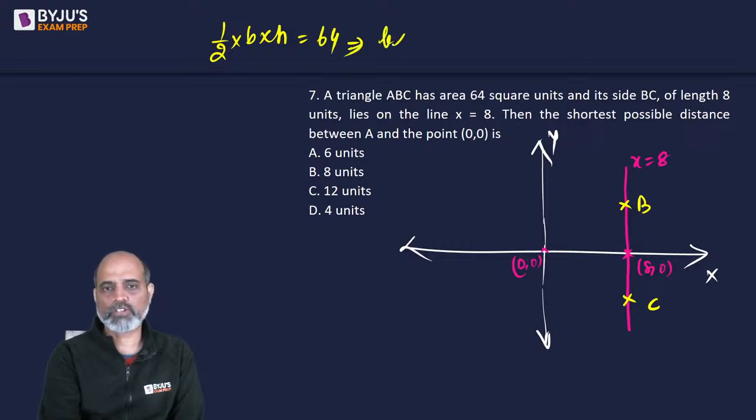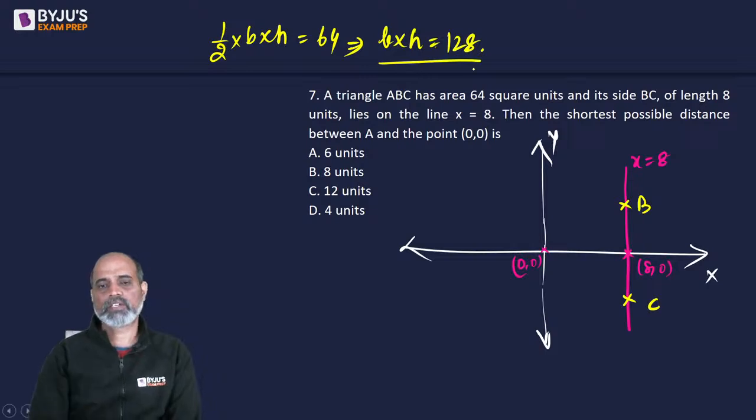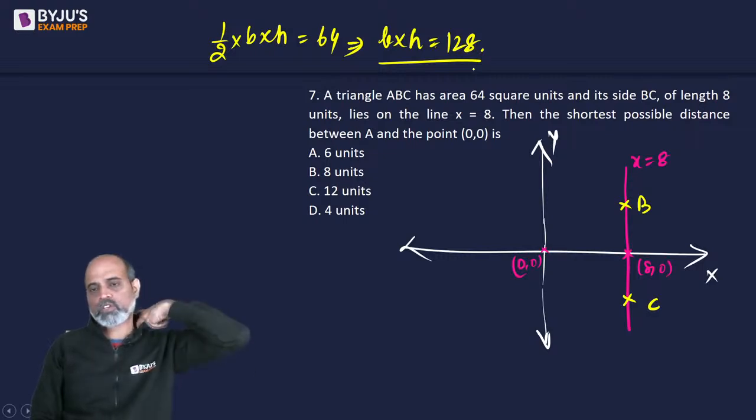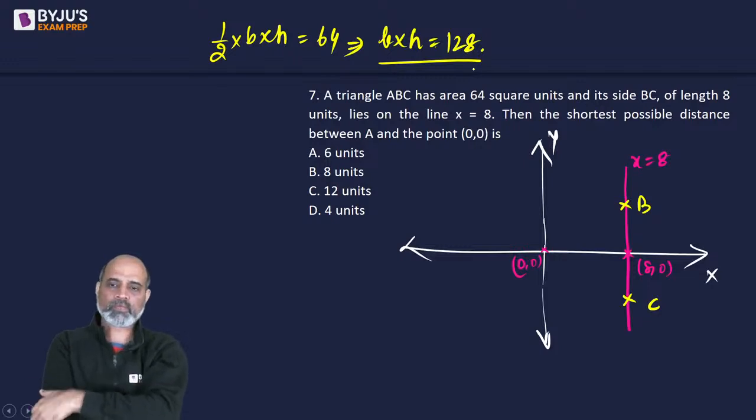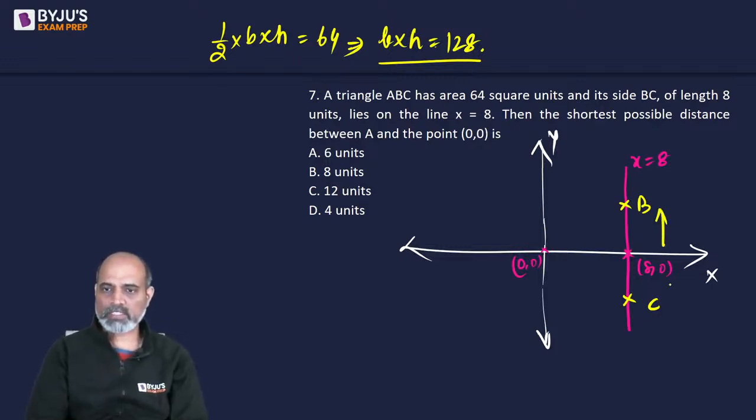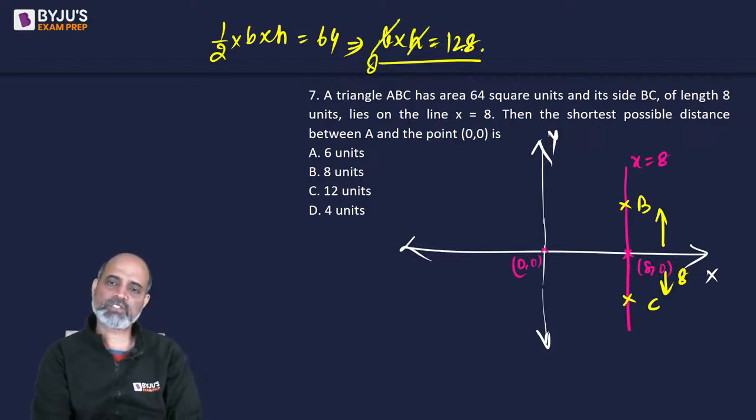So the product of base and height is supposed to be 128. Right? So this length is given as 8. So if this is 8, the other one is going to be 16.